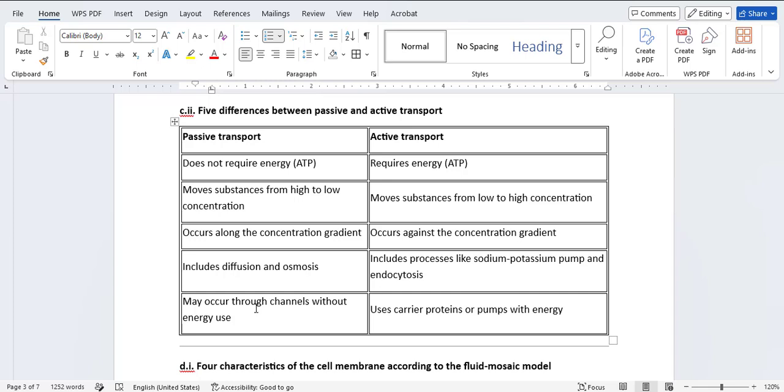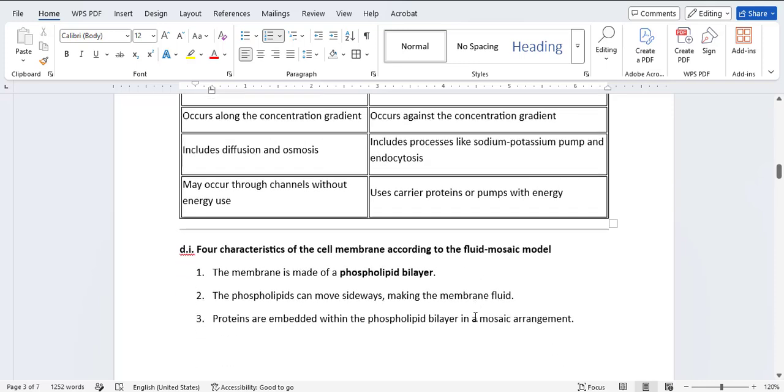This time not through the membrane but through channels, and it's also part of passive transport, even though it's through channels, the membrane proteins. Active transport uses carrier proteins or pumps with energy, as we have looked at earlier.